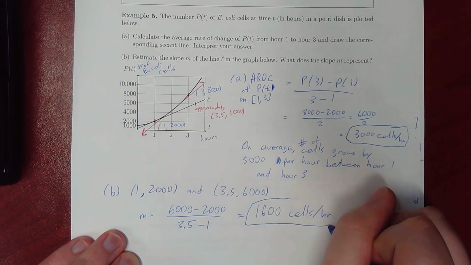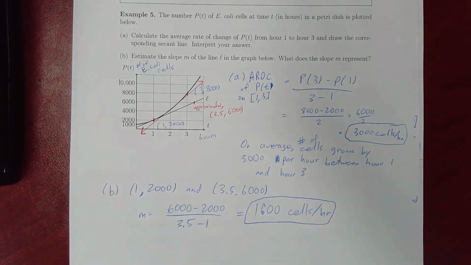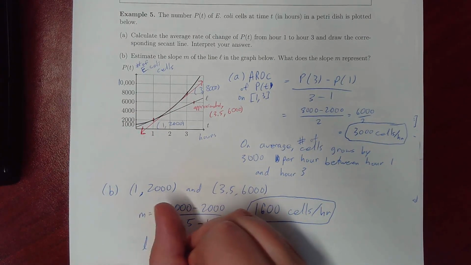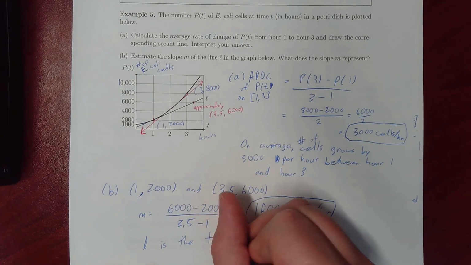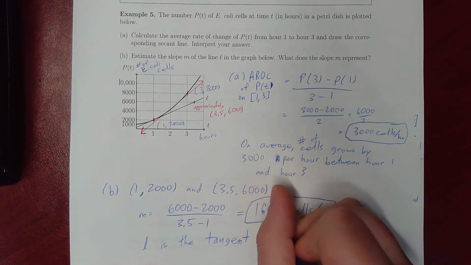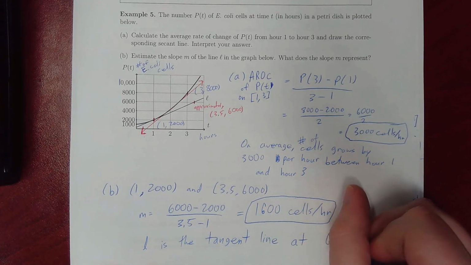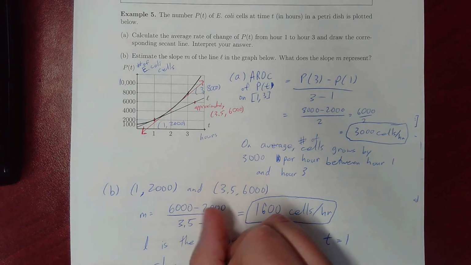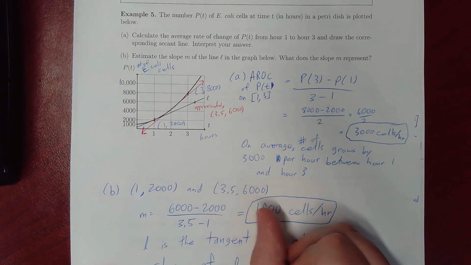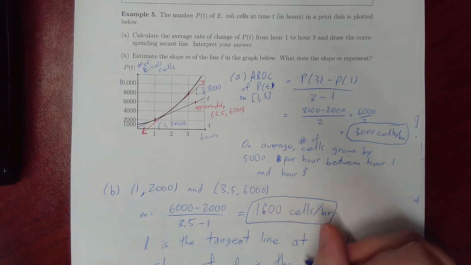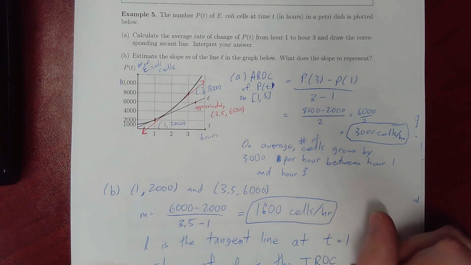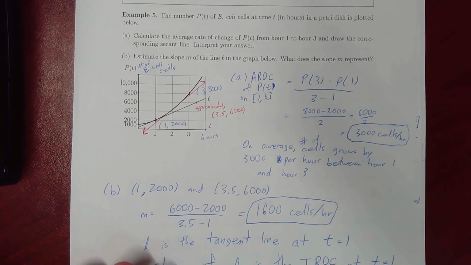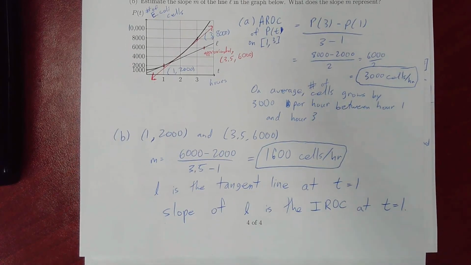Again, this is our best estimate because we don't actually have exact values on this graph. And so L appears to be our tangent line at t equals 1, and the slope of L is the instantaneous rate of change at t equals 1.